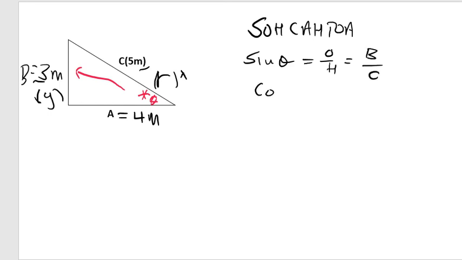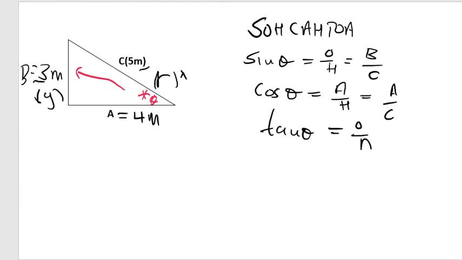Or you can use cos theta equals adjacent over hypotenuse, where your adjacent is a and your hypotenuse is c. You can use any formula, even tan theta, and you'll get the same answer. Tan theta equals opposite over adjacent, which is b over a.